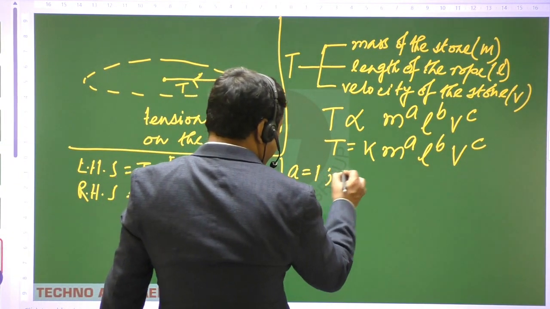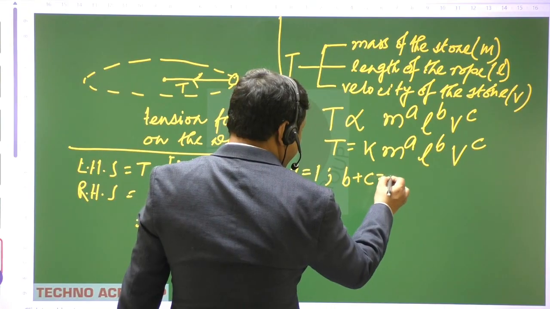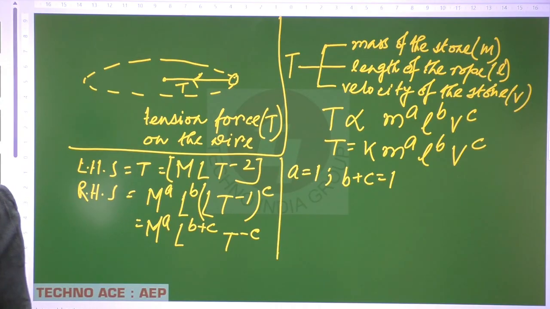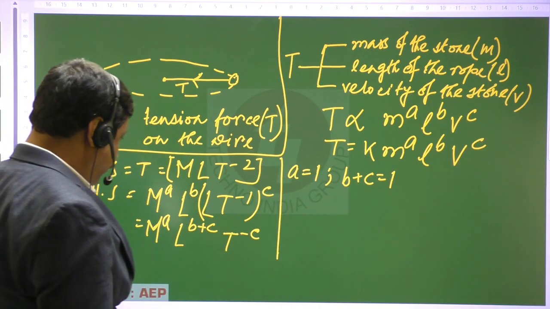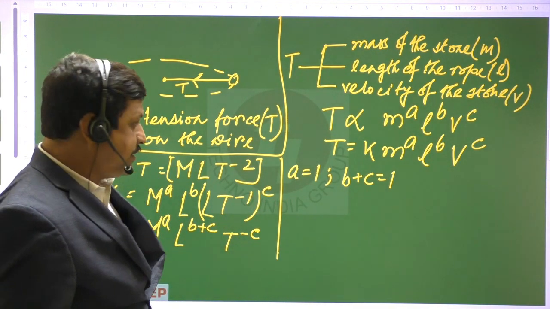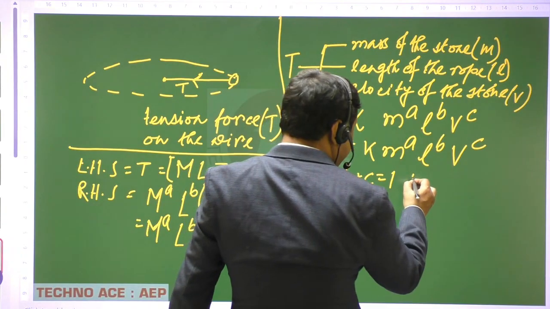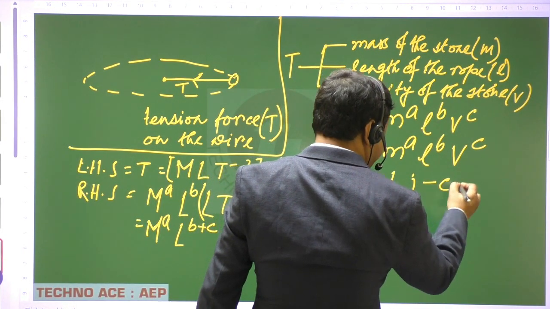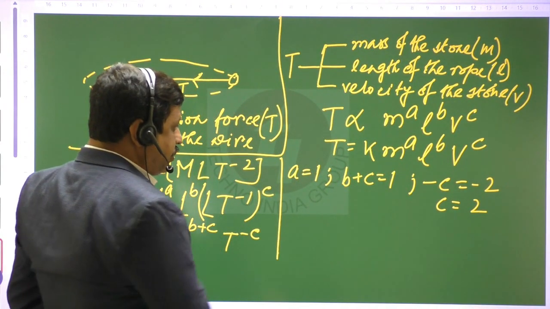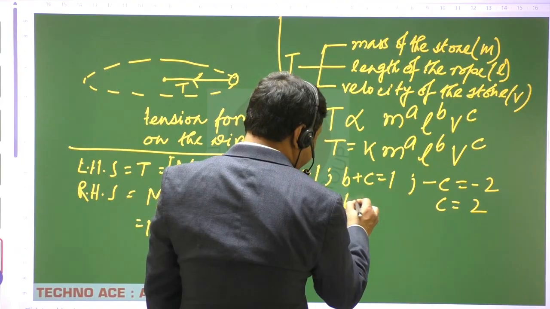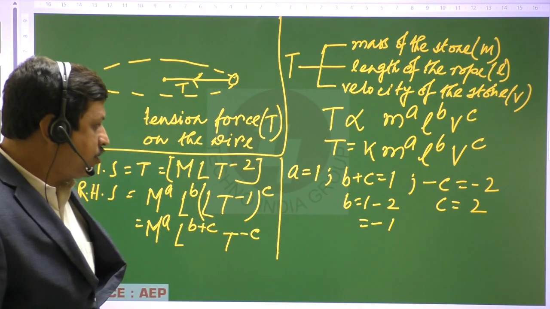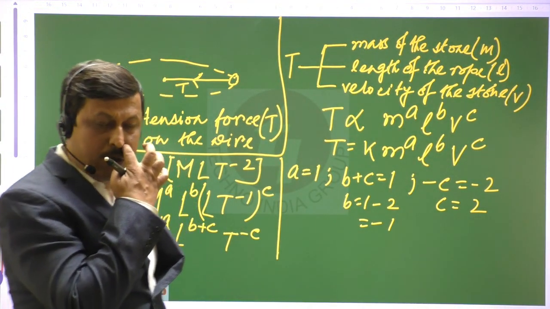So b plus c equals 1, and the power of t is minus 2, there minus c. So we can write minus c equals minus 2, so c equals 2. If you put c equals 2, then b will be 1 minus 2, that is minus 1. So here a equals 1, b equals minus 1, and c equals 2.